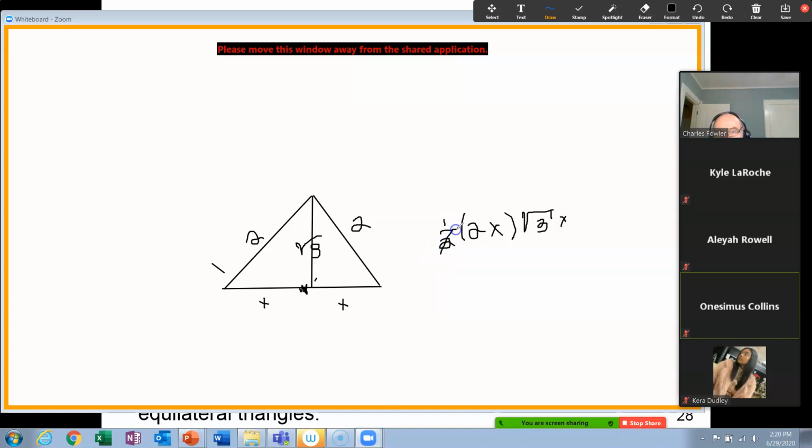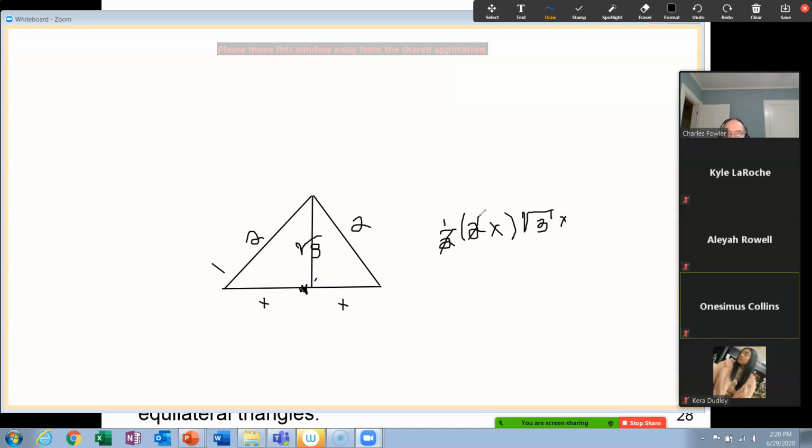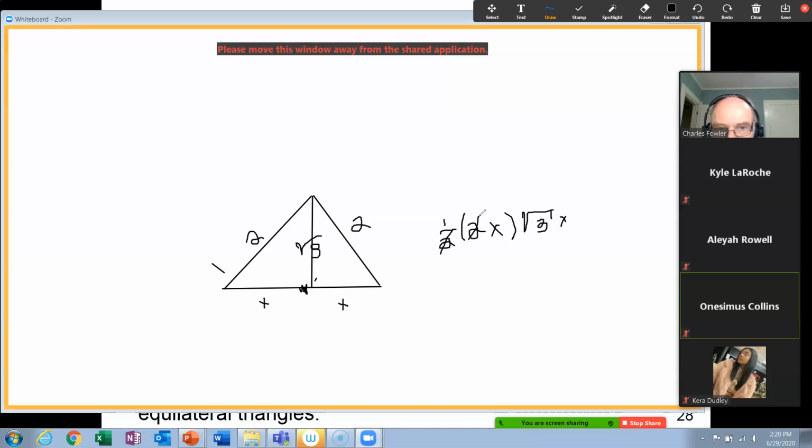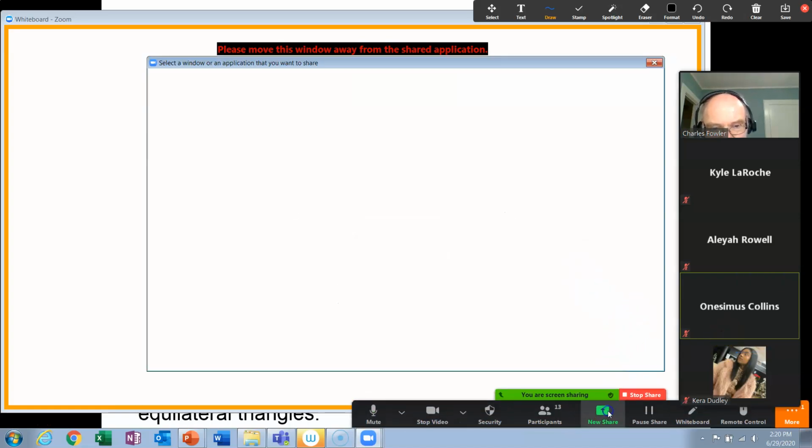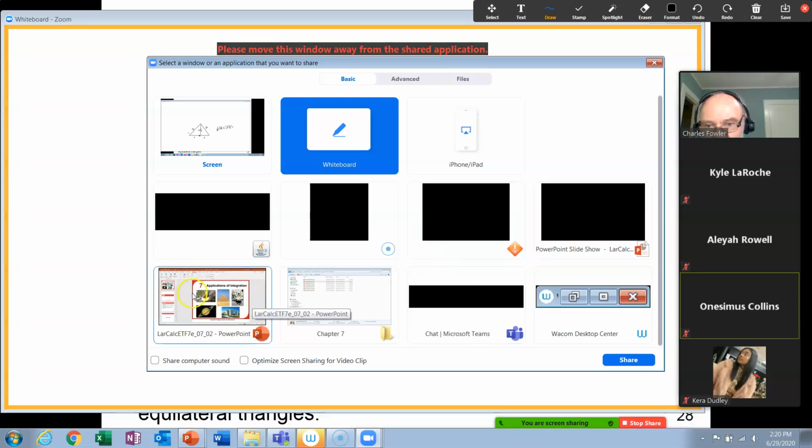Well, the 2's go out, and that would just be the square root of 3 times the base squared. And I think that's pretty much what they had here.